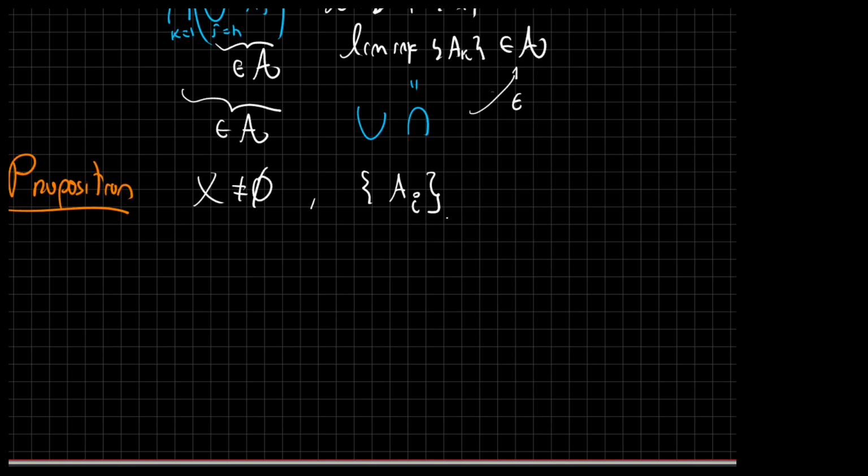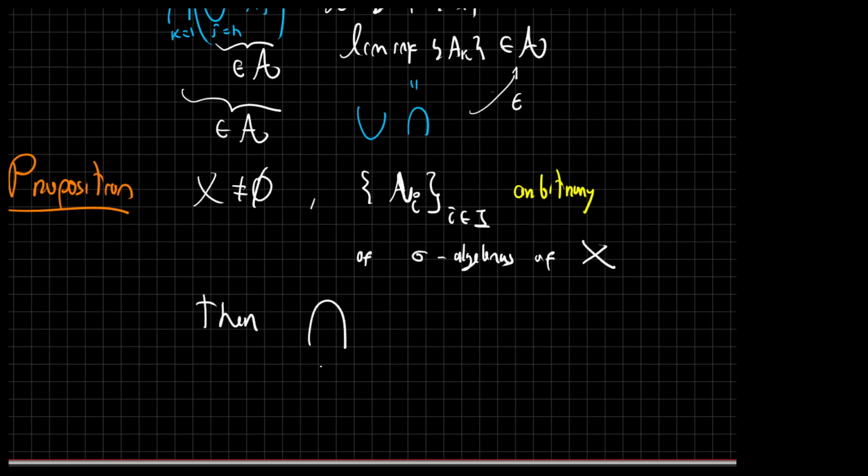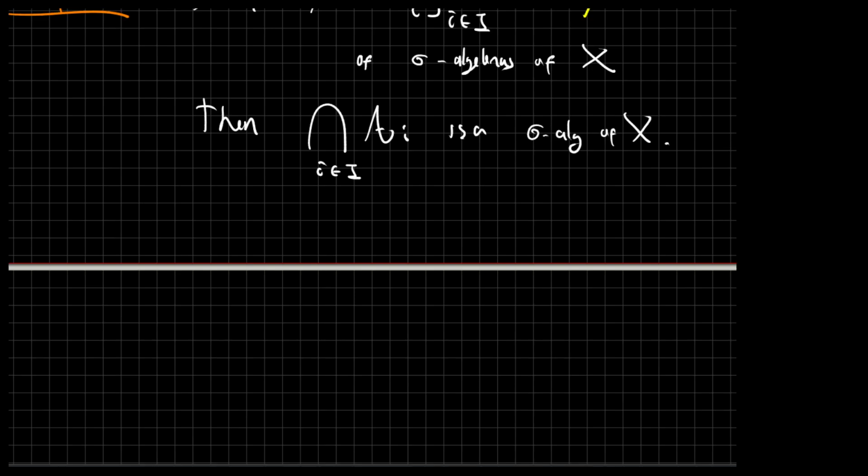This is an interesting property, but this family is arbitrary, not necessarily countable, and moreover, it's not a family of subsets, it's an arbitrary family of sigma algebras of X. Then the intersection of all of these sigma algebras is a sigma algebra of X, right?